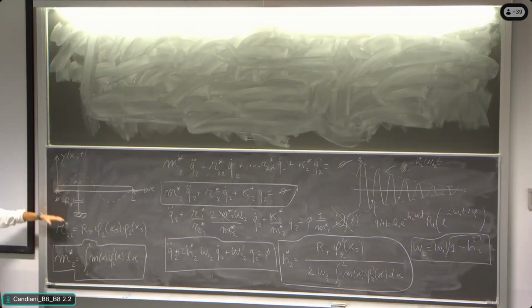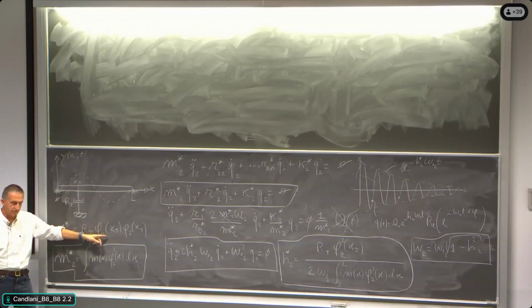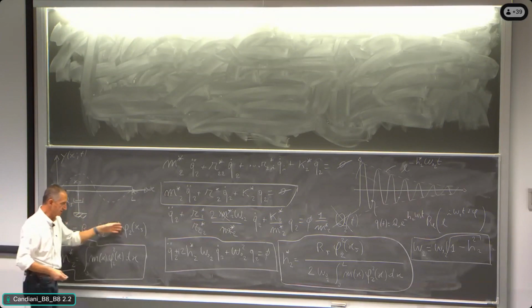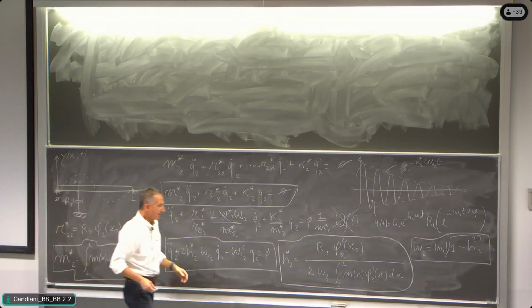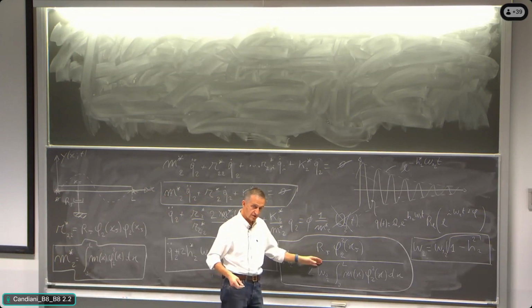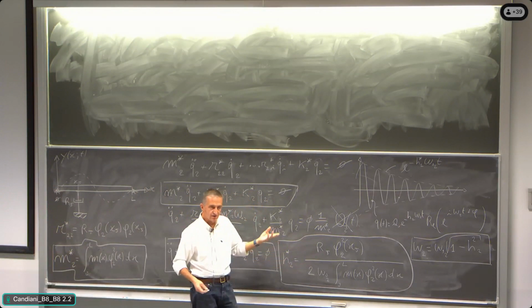We made the dimensional damping associated to mode 2, positioning the damper at a certain location where the mode has an amplitude that is phi 2 of the location where it's applied, multiplied, squared. But then below the fraction line, we have the critical damping.